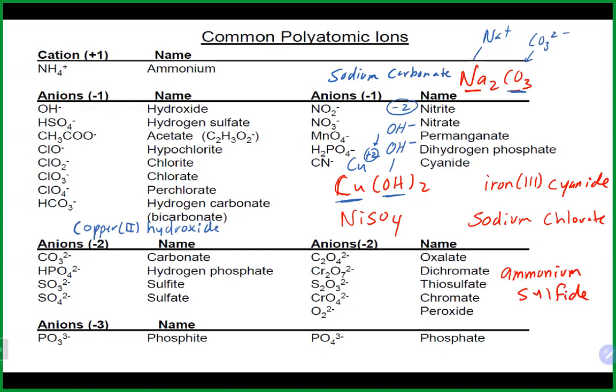Looking at the last one, that is Ni, which is nickel. Also a transition metal, which tells us it's a type 2 metal. SO4 is sulfate. So here again, we need to figure out the charge on the nickel. Our sulfate from our table is SO4 2-, which means it has a -2 charge.